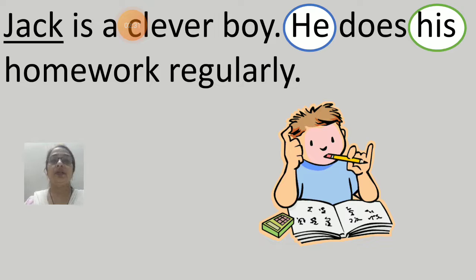These are all the naming words. But the circled words are pronouns. So why do we use pronouns? To avoid the repetition of nouns.